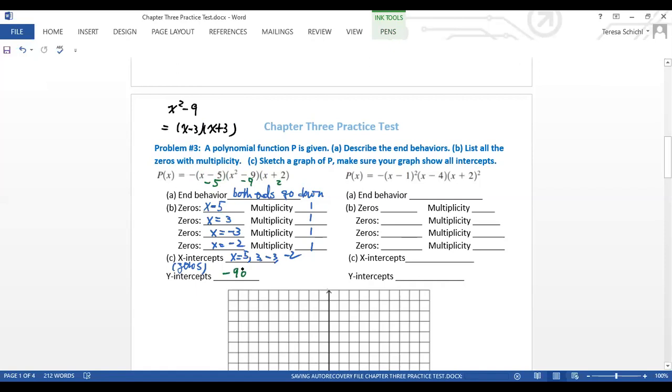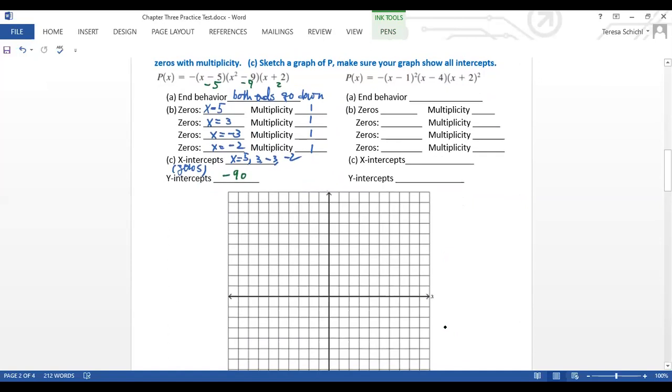Okay, so based on this information, let's try to graph it. I know the end behavior, so let's put all the points here. The zero at 5, then 1, 2, 3, 4, 5.